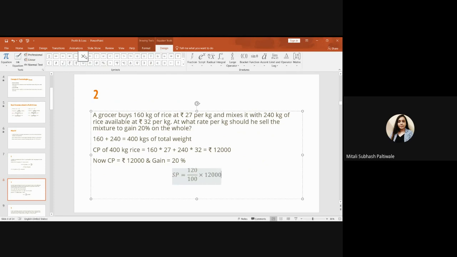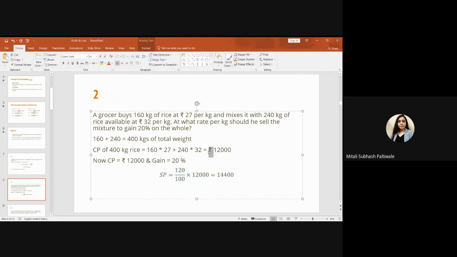How much would this be? This would become 14,400 rupees. So just copy this down and stick it here.